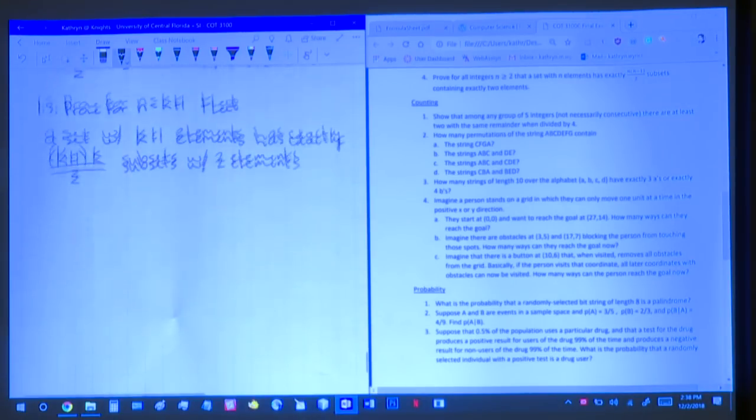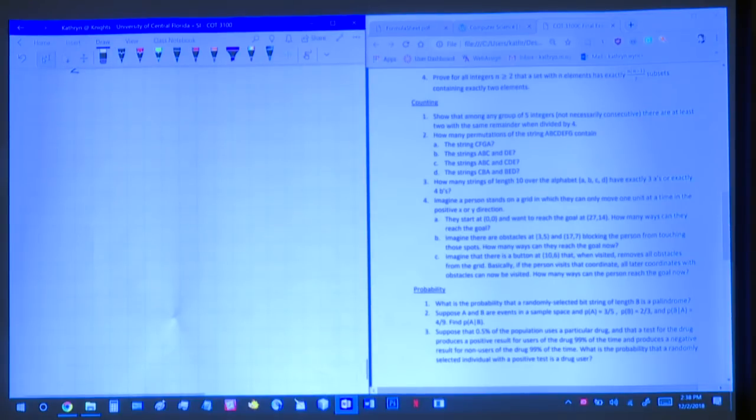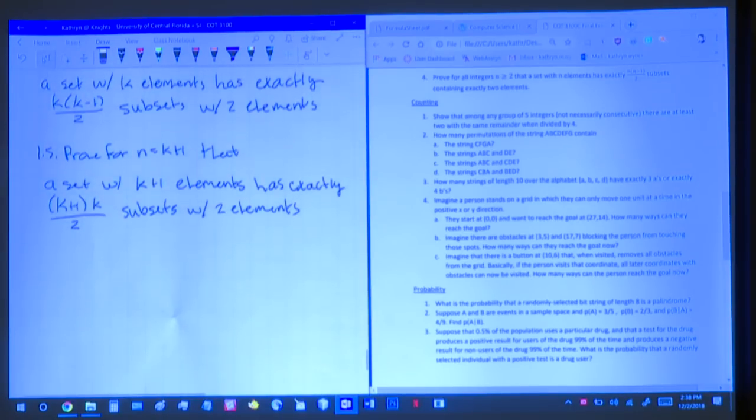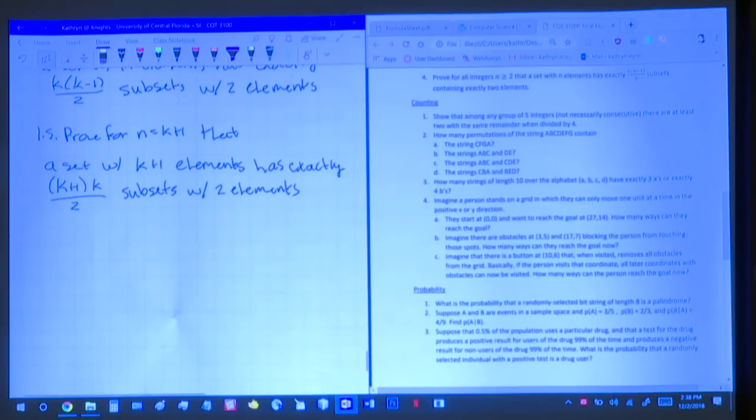Okay, so for this one, we're going to define a set that has k plus 1 elements. So we'll say let set A be a set with k plus 1 elements. And we'll define another set.